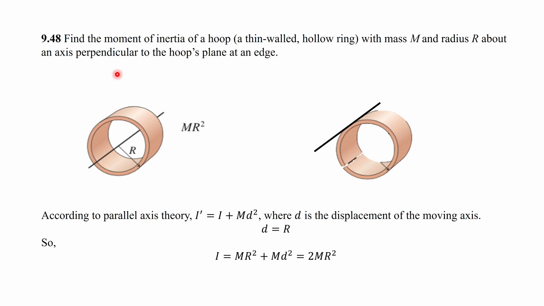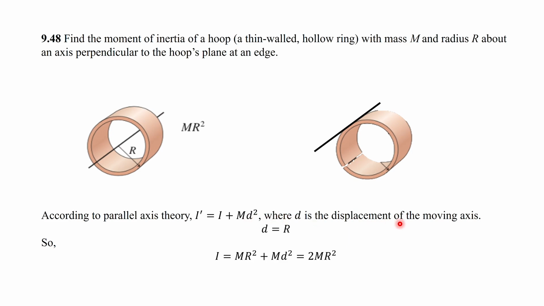Here the description tells us the moment of inertia of the hoop is mr squared, but if the axis is at an edge, how can we calculate the inertia? We use this formula: the new inertia is equal to the initial inertia, which is mr squared, plus the total mass of the object times d squared.